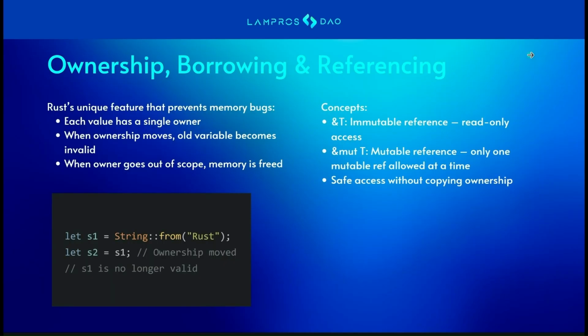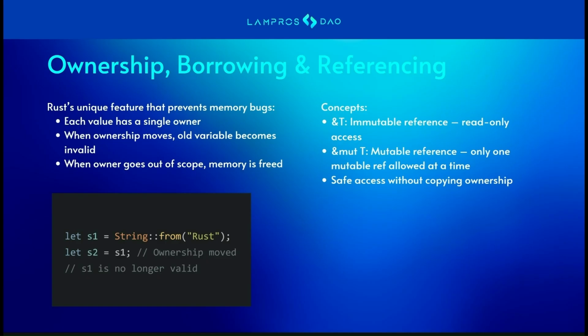Moving forward. Now come the four main pillars of the Rust programming language, which are not there in any other programming language. They are ownership, borrowing, referencing, and moving. Let me explain all these things one by one.